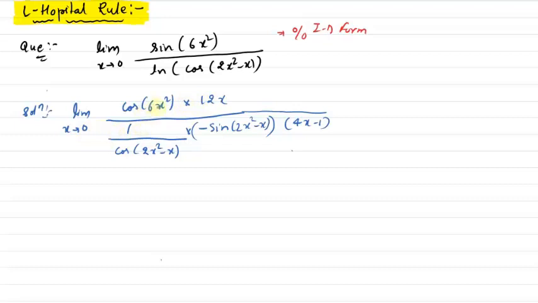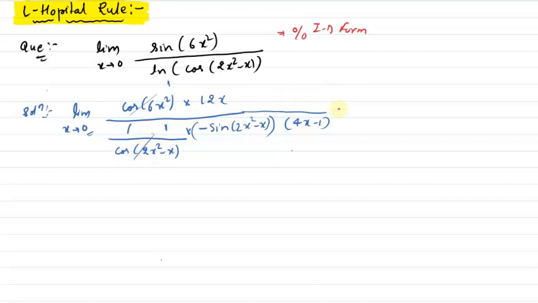Now if you look at it, if you again apply x tending to 0, what do we get? Cos 0 is 1, and 12 into 0 is 0. In the denominator also, this sine will make it 0, right? So it is again becoming 0 by 0 form. So what can we do? If x is tending to 0, we can apply the limit here and you'll get 1, and here again you'll get 1.